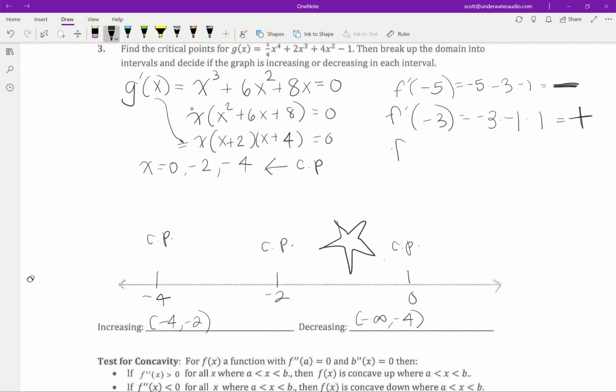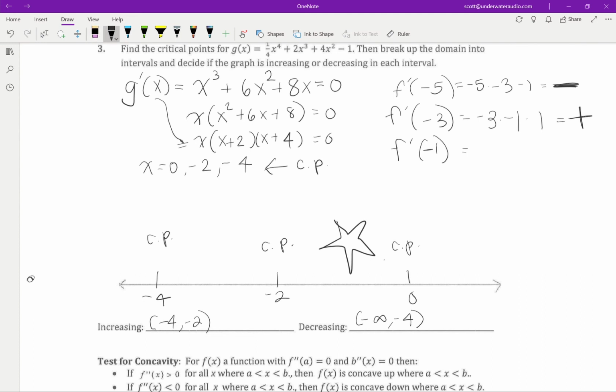So a number on that interval between -2 and 0 would be 1. So plugging that in, that would be 1 times 1 plus 2 is 3, times 1 plus 4 is 5. Oh, my bad. I meant -1, right? 1 is not between -2 and 0. Let's try that again.